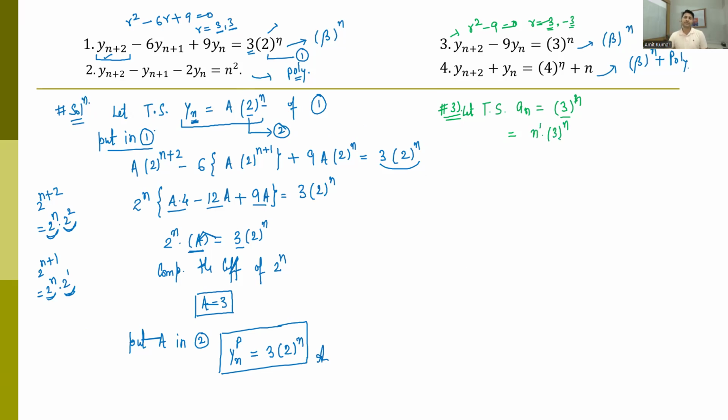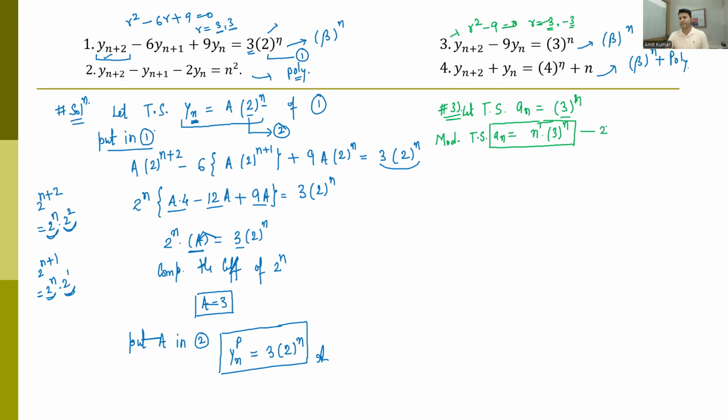Why n to the power 1? Because 3 is the root one time. It is 3 and minus 3. It's not 3 and 3. If it were 3 and 3, we would multiply by n square. So this is your modified trial solution. So do remember this thing: in case beta is the root of your homogeneous equation, you are supposed to modify your trial solution.